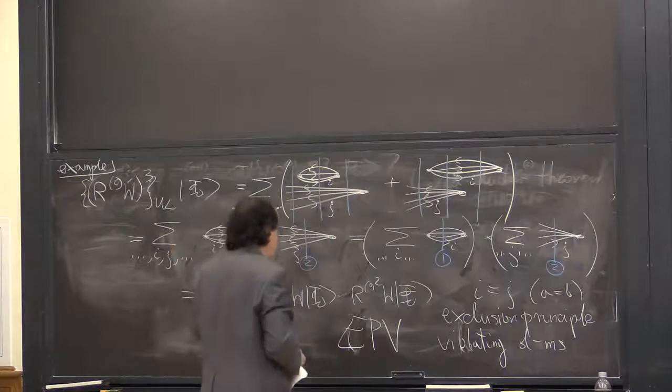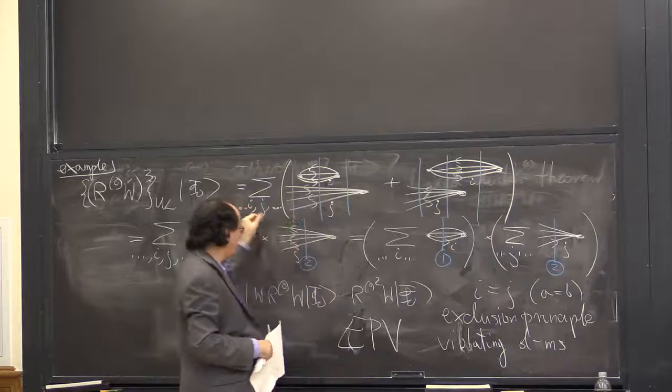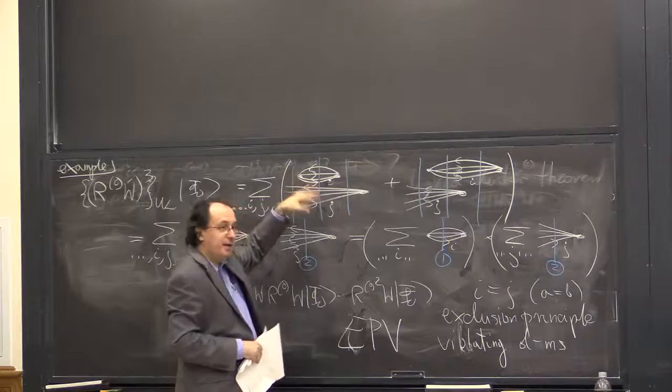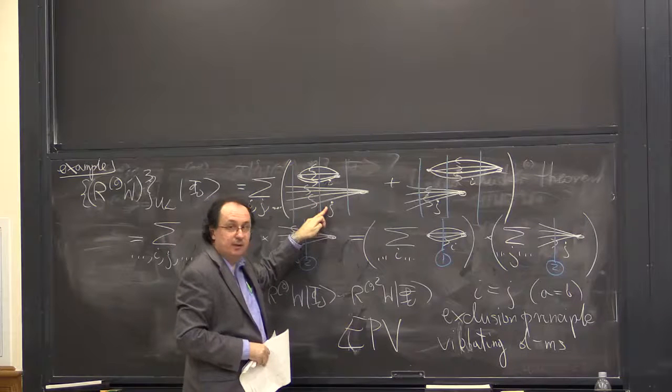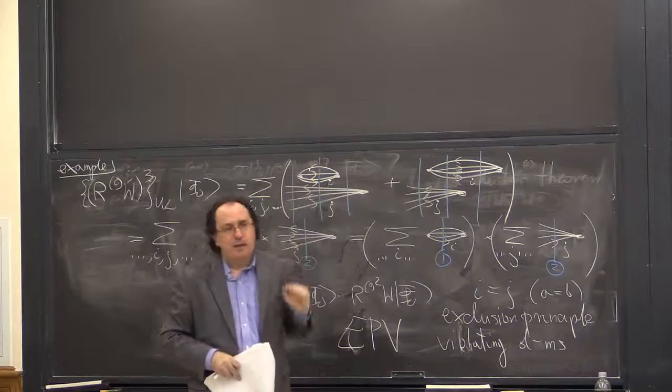Okay? And you can see this can happen here. If I am summing over I and J, I will have among various terms where this I and this J will be the same. And the same for occupied ones.